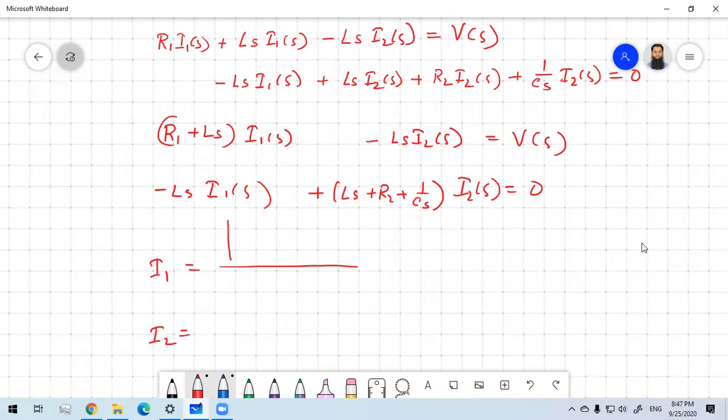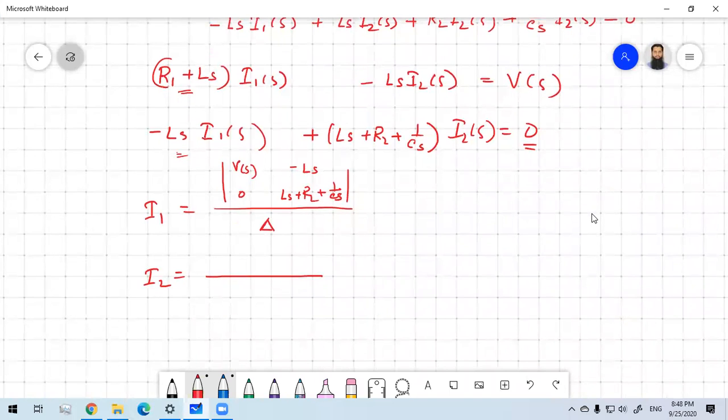For I1, these values will be replaced by this column: V(s), 0, then you have minus Ls, then you have Ls plus R2 plus 1 by Cs, and divided by del. What is del? Del is the determinant of the coefficients of I1 and I2.